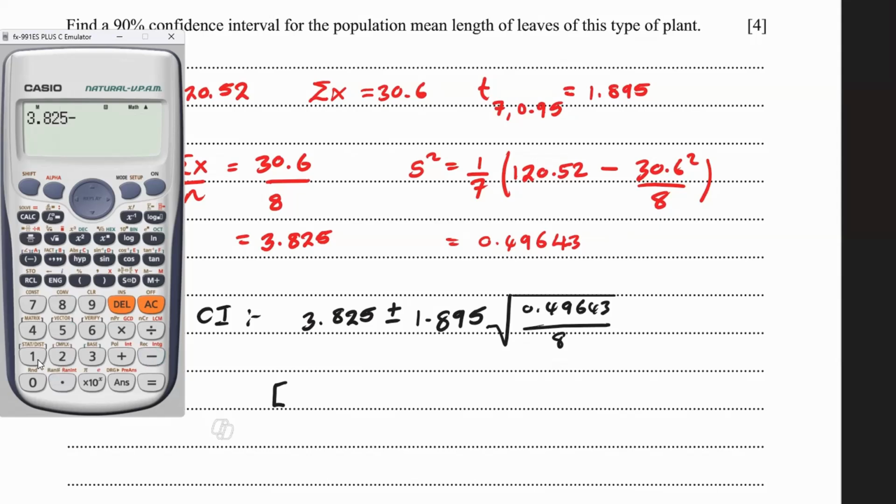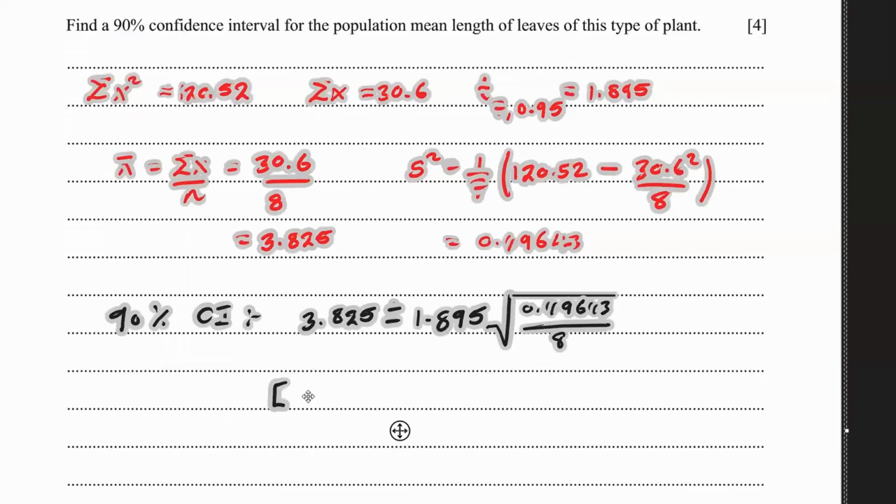So 3.825 minus 1.895 times the square root of 0.4963 over 8, and we get 3.35.